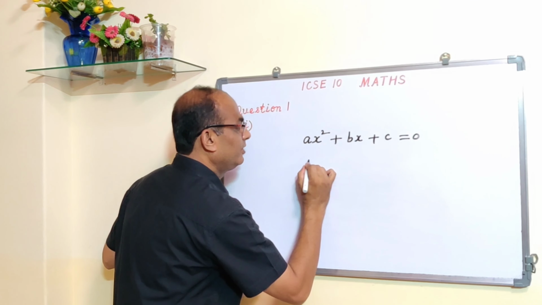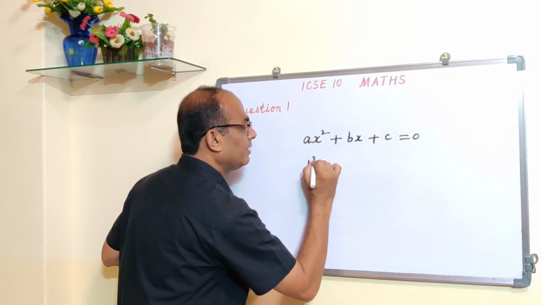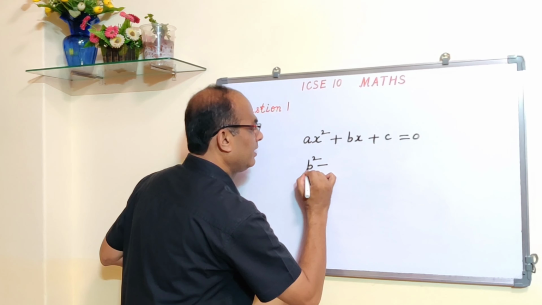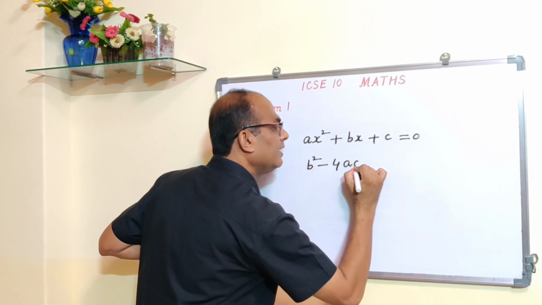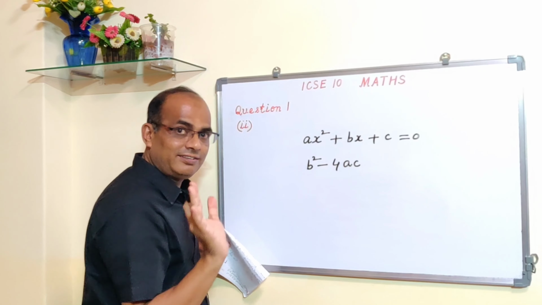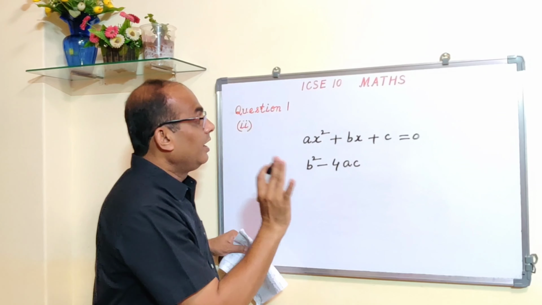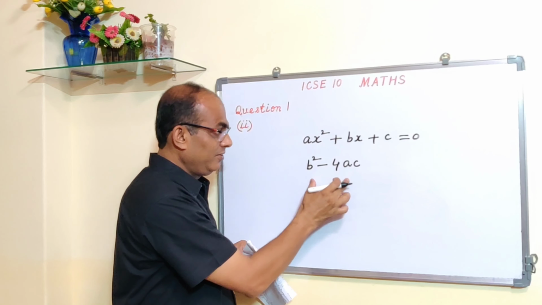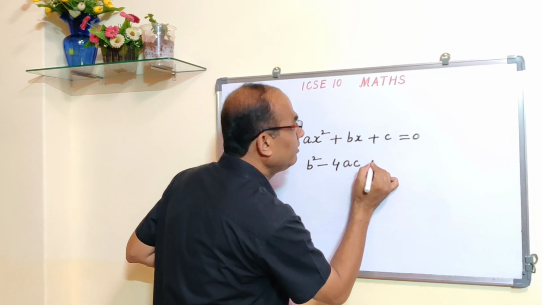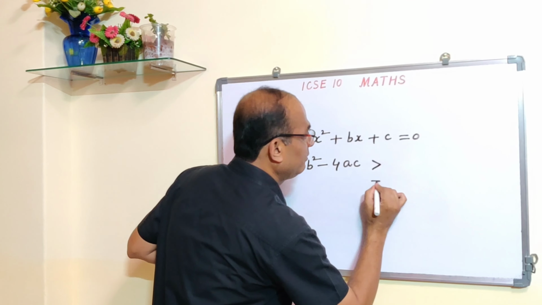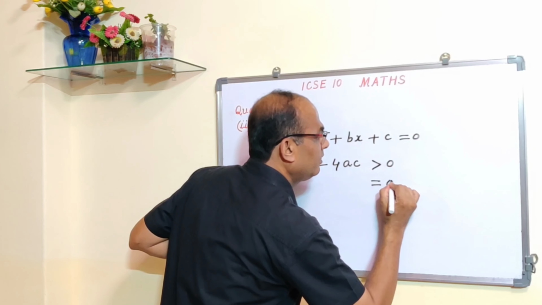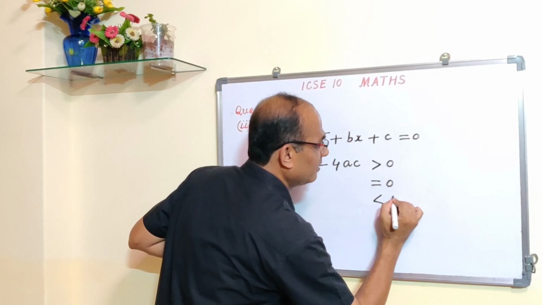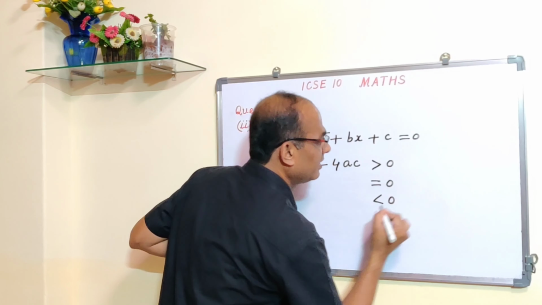B square minus 4ac is called the discriminant. Now there are three conditions: when b square minus 4ac is greater than 0, equal to 0, or less than 0. These are the three conditions.